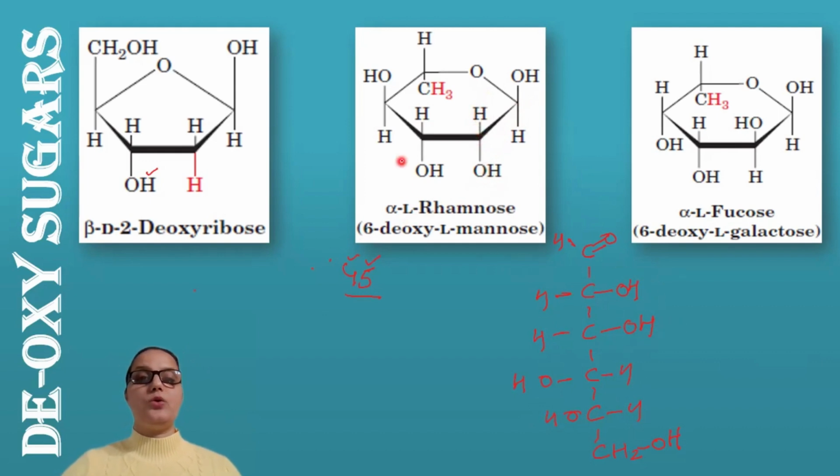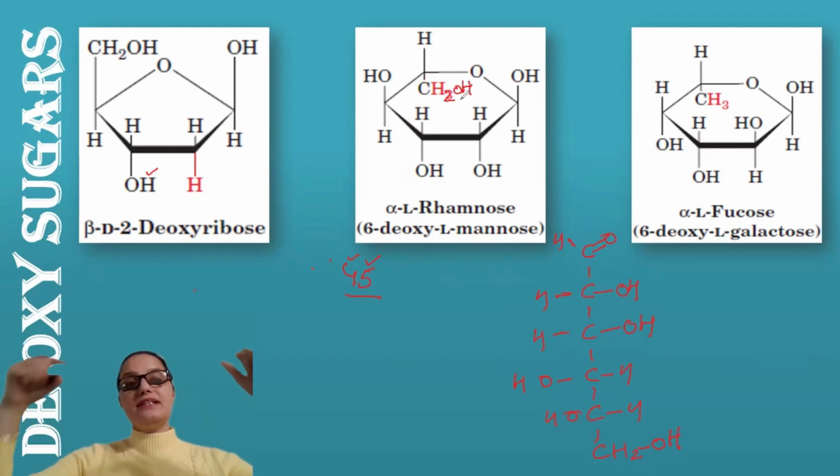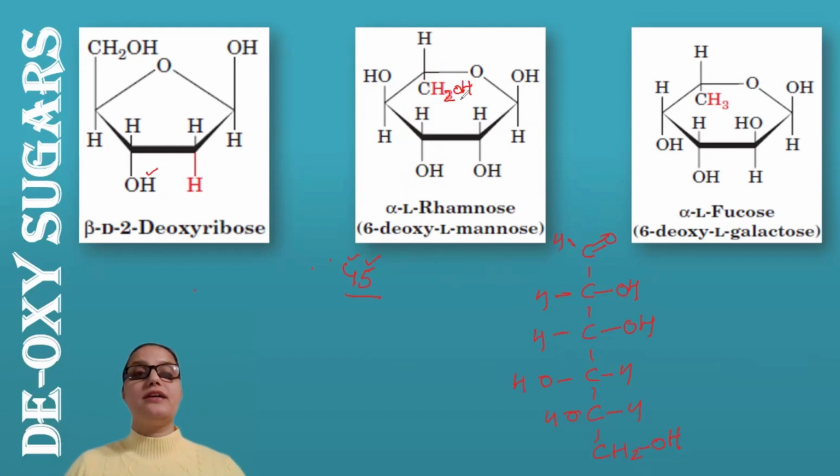On carbon number 3, OH is directing downwards. On carbon number 4, OH is directing upwards. Carbon number 5 will get involved in the ring formation, so no problem. And now this CH2OH, let me write this initially, is directing downwards over here. If it would have been the D form, it would have been directing upwards. Right now, it is directing downwards.